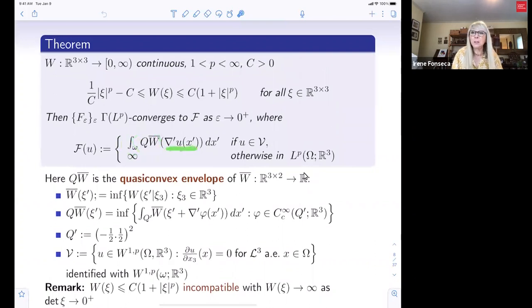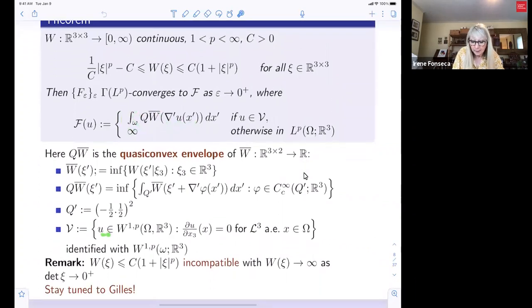So you only see the first two derivatives of u, and the limiting functions u live here, but they don't depend on x3. The derivative with respect to x3 is 0. So when you collapse to omega, it's almost like the function u goes from little omega to R3. You lost one variable. And you're going to see why.